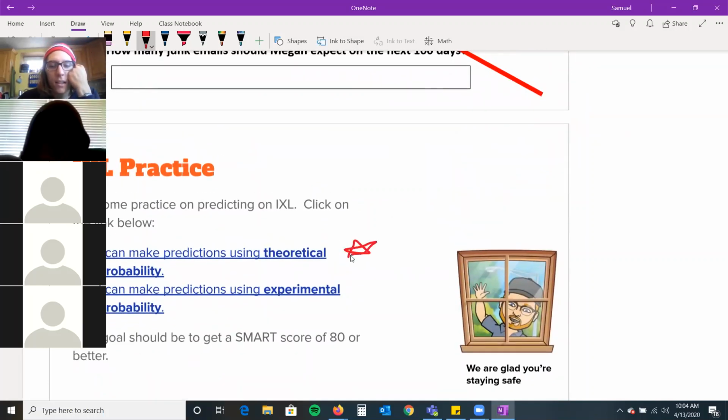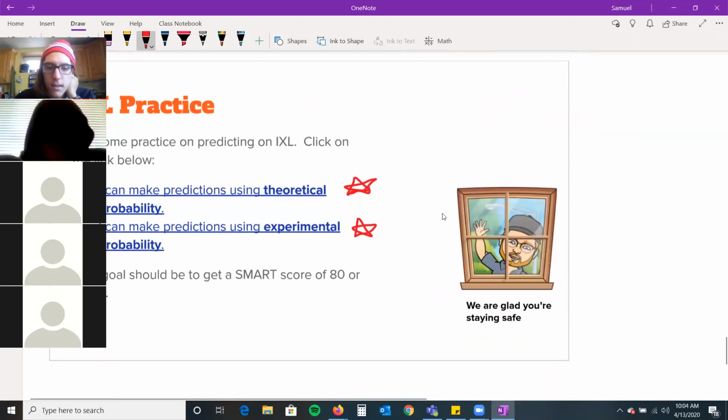As you guys are answering those last 2, today there's not going to be any quizzes. There's just going to be 2 IXL sets. That's going to be your assignment for today. So sometime today or tomorrow, I would suggest at some point today, that way it's fresh on your mind, you're going to try these 2 IXL sets.